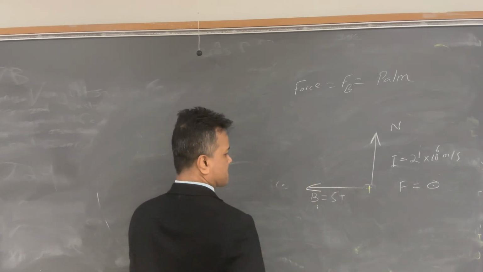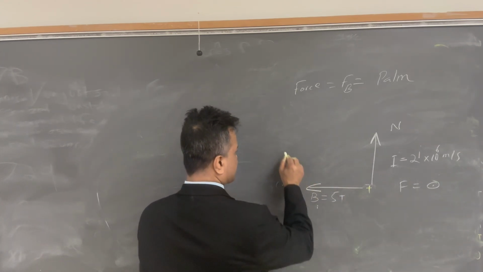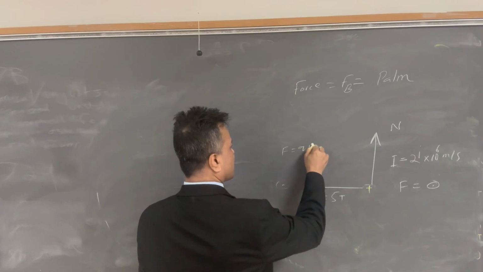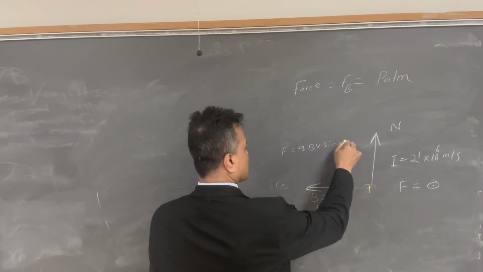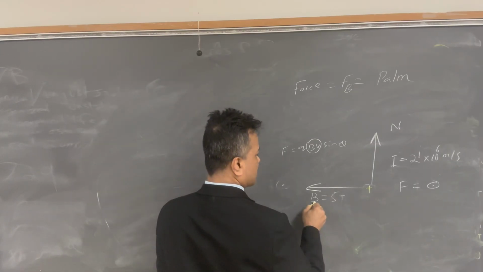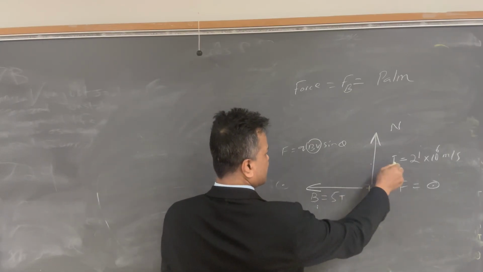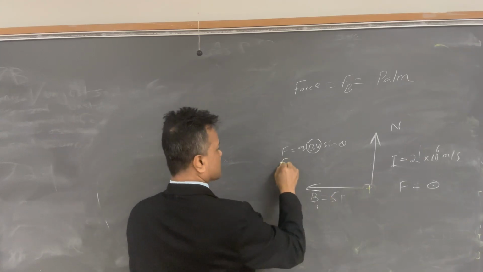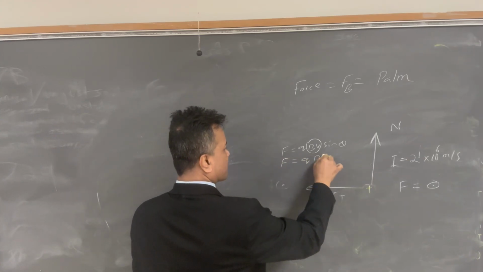Now find the size. So force is QBV sine theta. What is the angle? The angle between the field and the velocity is 90 degrees. So F is QBV.